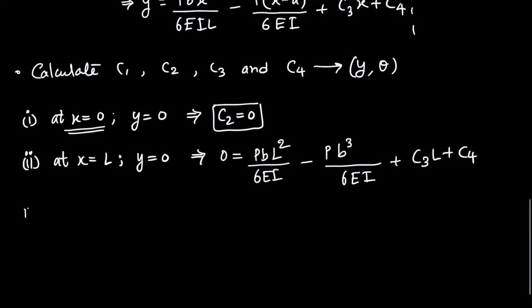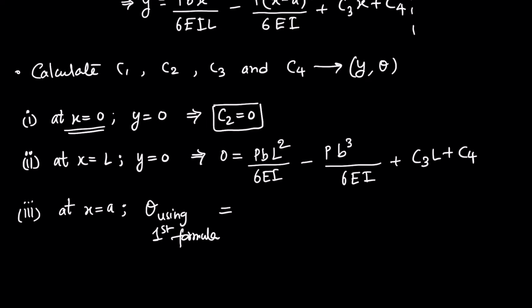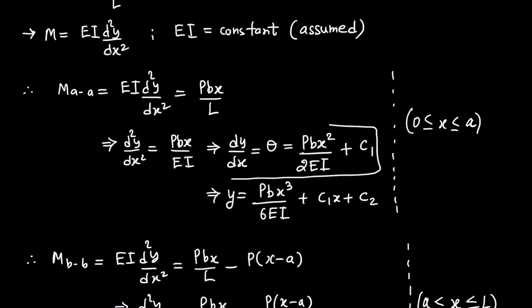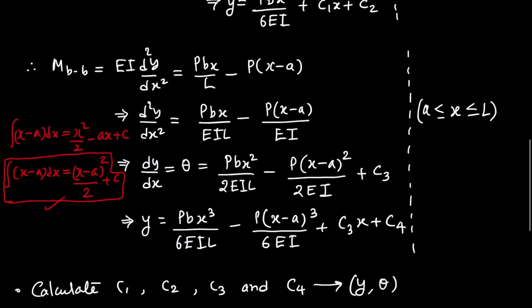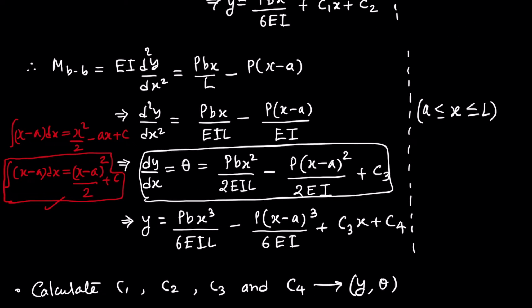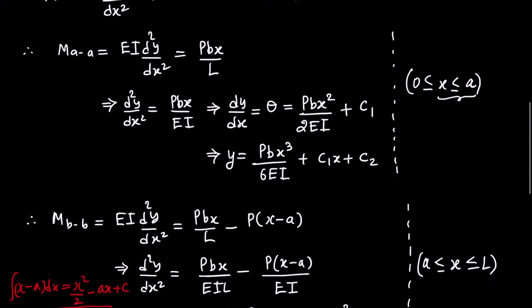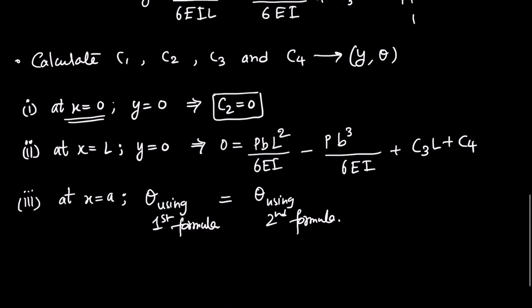Now the third boundary condition that I can use is at x = a: theta using the first formula will be equal to theta using the second formula. That is, the value of theta at x = a will be equal to this value of theta at x = a. We can use both the formulas at x = a, so theta will be the same.